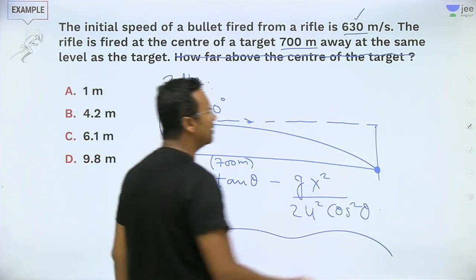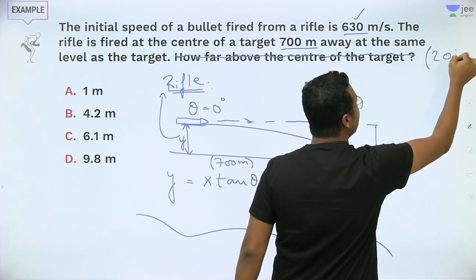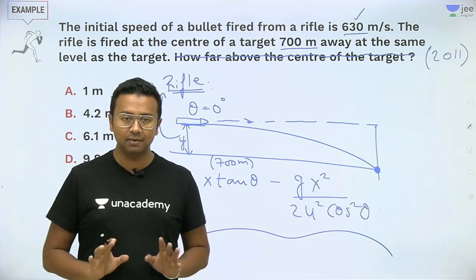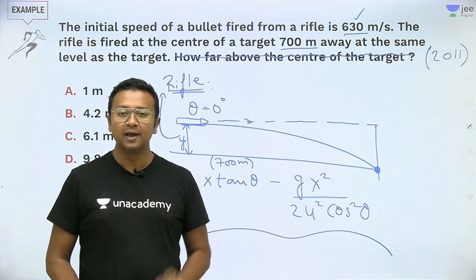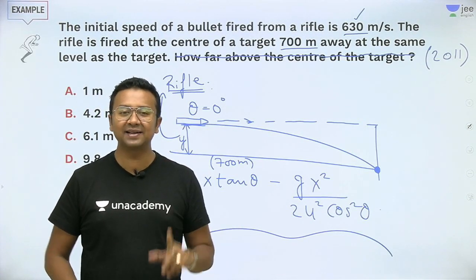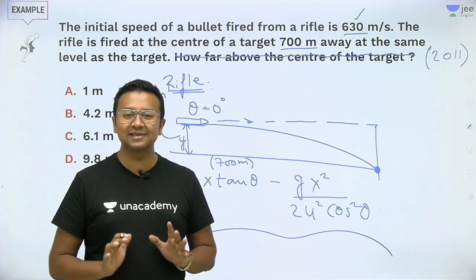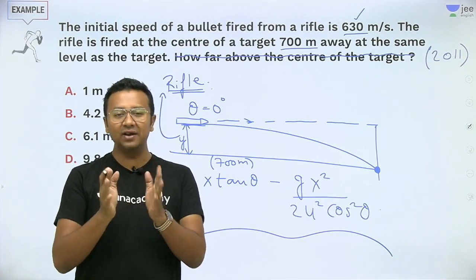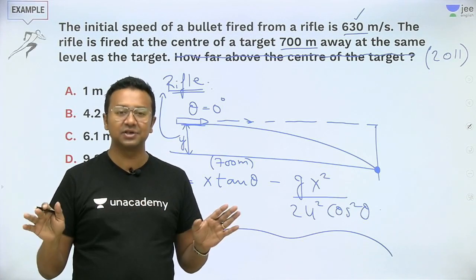This is a question which had appeared in the 2011 JEE Mains examination. Such a simple question, my dear students. So mentally be prepared that if a question is coming, it's not going to be out of your reach. You can definitely go ahead and attempt and get the question right.